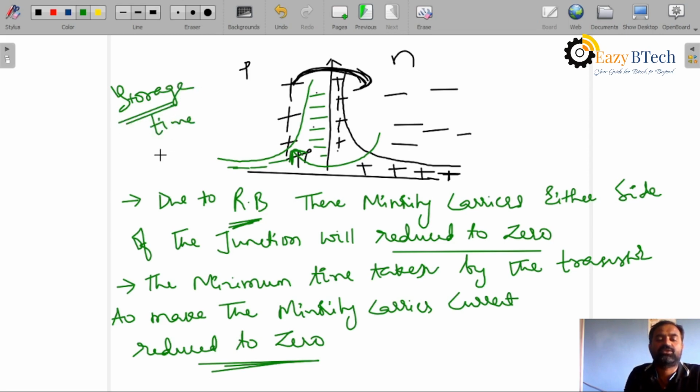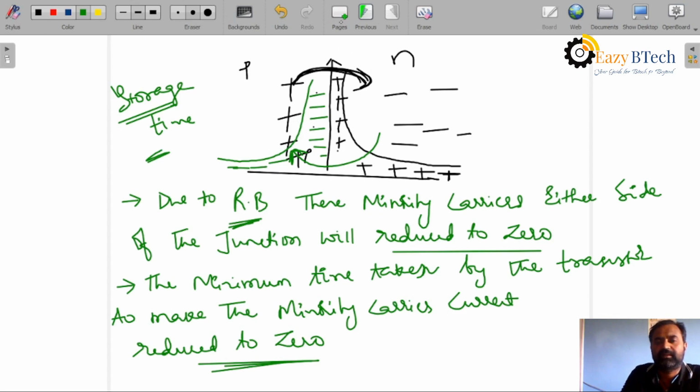During the forward bias, some majority carriers cross the junction and become minority carriers on the opposite side. And during the reverse bias, the resultant sum of the injected minority charge carriers has to be zero. That minimum time taken is known as a storage time.